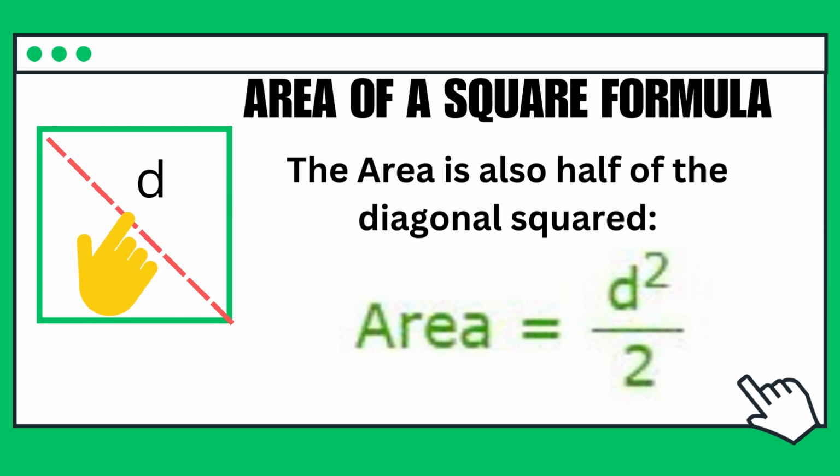Yan naman ang kanyang formula. So, dalawa. Kung ano yung given, yun yung gagamitin natin. Pag ang given ay side, A is equal to a squared. Pero pag diagonal, d squared divided by 2.